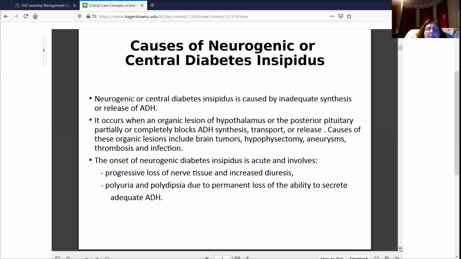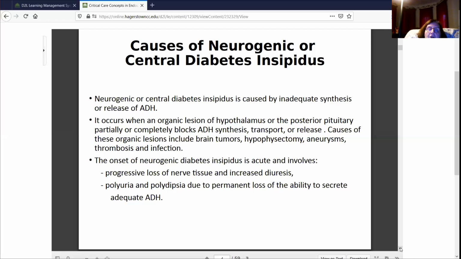It's caused by inadequate synthesis or release of ADH, which is what I just was talking about. It occurs when an organic lesion of the hypothalamus or posterior pituitary partially or completely blocks ADH synthesis, transport, and or release. These organic lesions, causes of these include brain tumors, hypophysectomy, aneurysms, thrombosis, and of course infection.